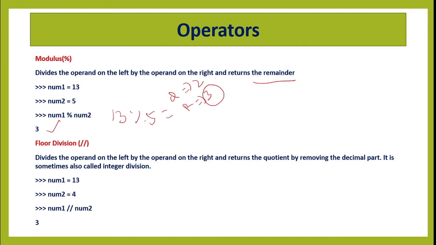The next one is floor division. So this one divides the operand on the left by the operand on the right and returns the quotient by removing the decimal part. So it is sometimes called integer division. See here, we are assigning 13 to the variable num1, then 4 to the variable num2.